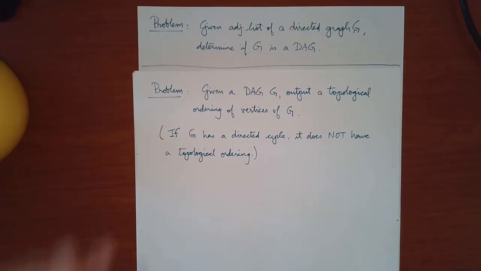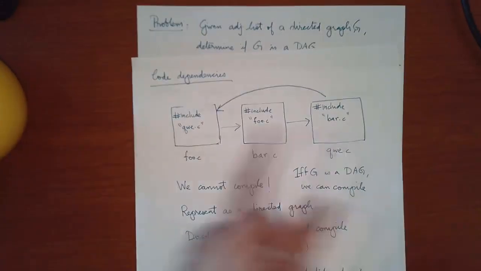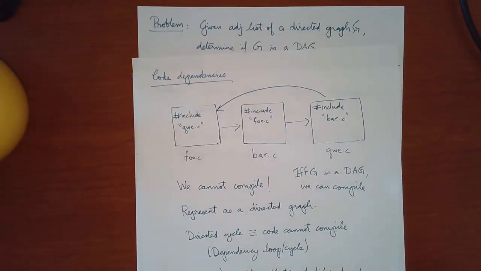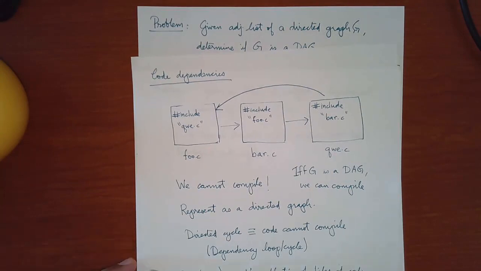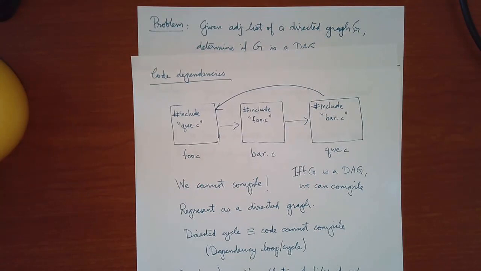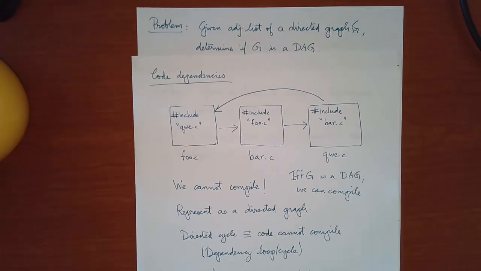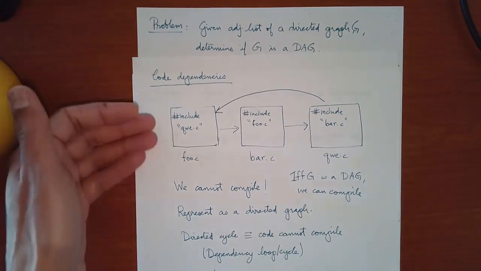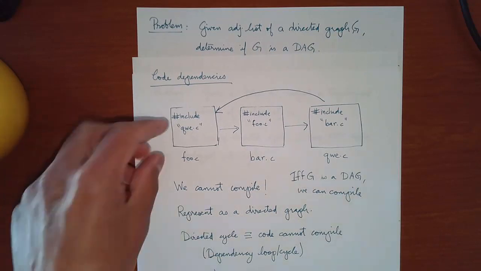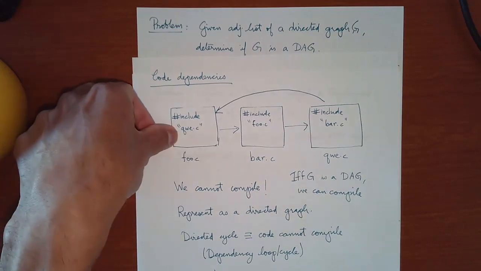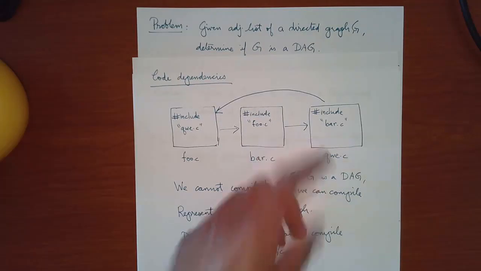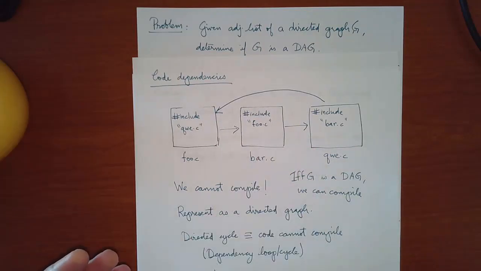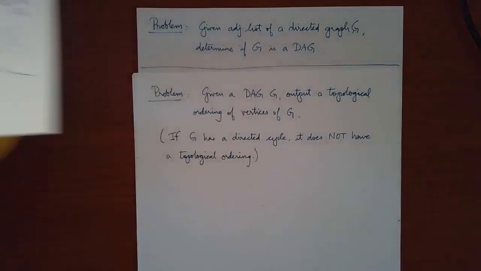When you write a compiler, or even when you run make, it has to determine if these dependencies are all okay. Or like GCC, when you compile code, it will often tell you there's a dependency loop. How does it figure out these things? What it has is just an adjacency list. It just knows which files include which other files. So that's like an adjacency list. How does it actually find these things?